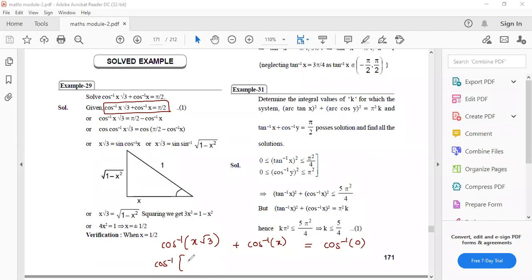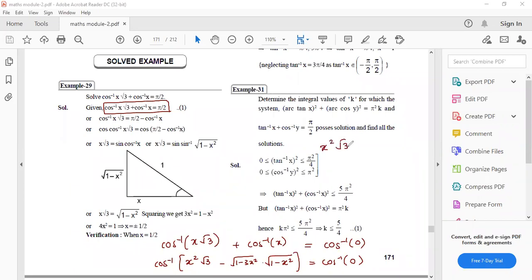Cos inverse of xy, that is x square root 3 minus under root 1 minus 3x square into under root 1 minus x square, equal to cos inverse 0. Do you all agree with this? So it's quite obvious that the value which is written inside the bracket should be equal to 0.